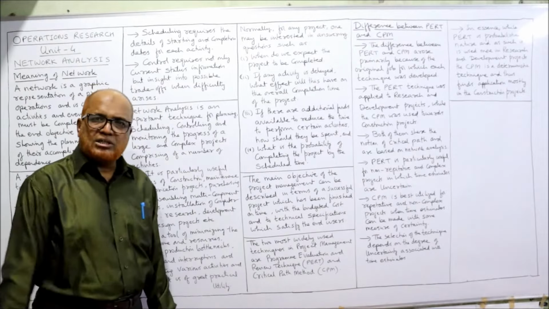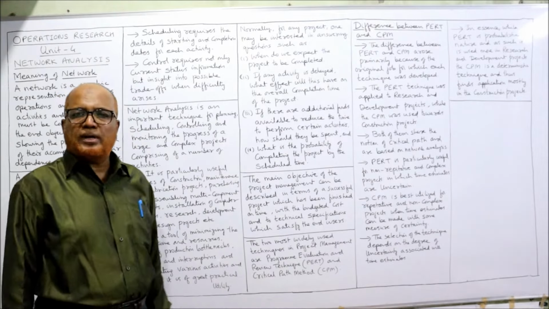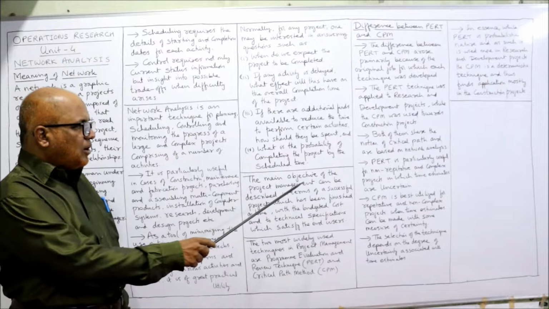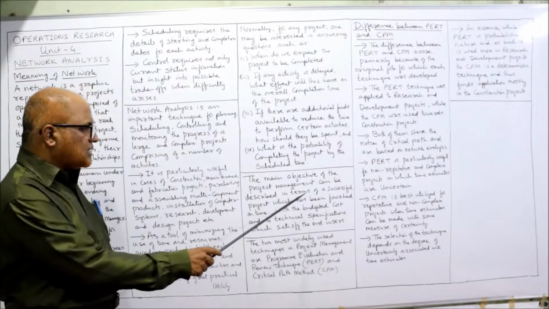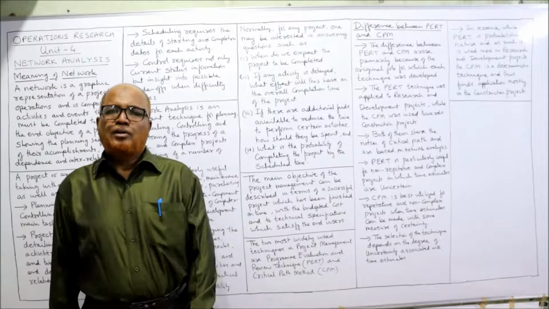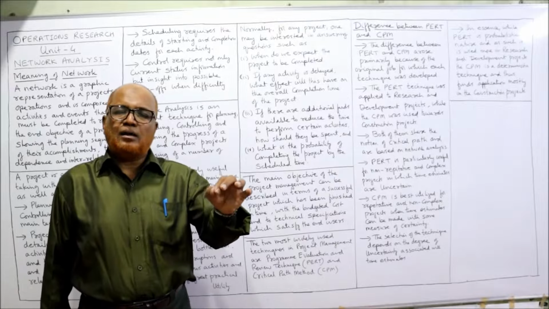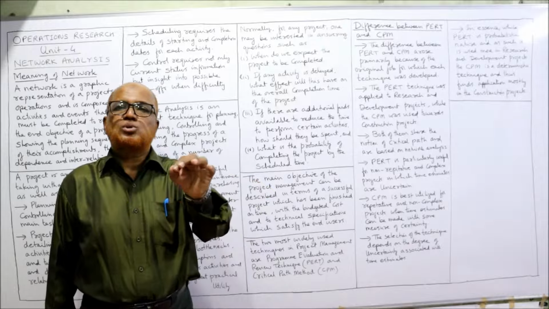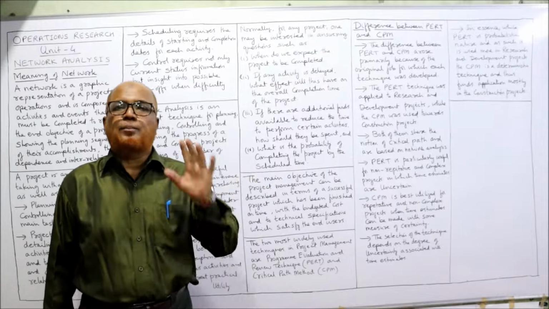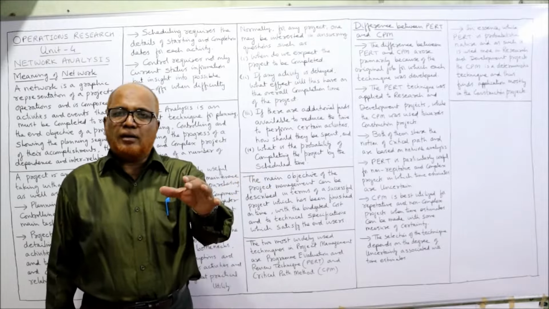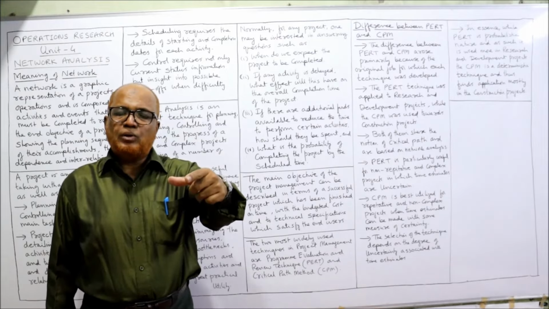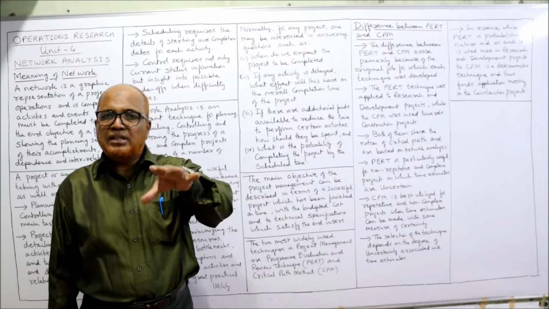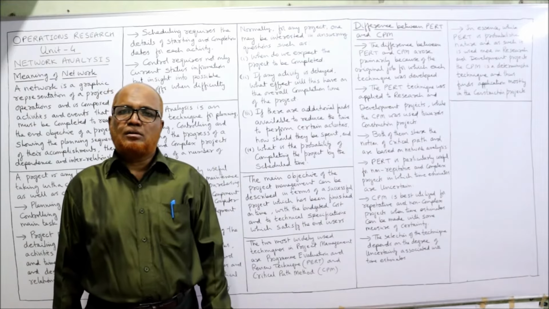Now the main objective: why is network analysis applied? The main objective of project management can be described in terms of a successful project. The main objective why we apply network analysis is to successfully complete the project according to the specification, within the stipulated time and within the budgeted cost.